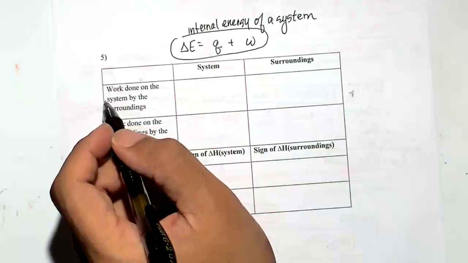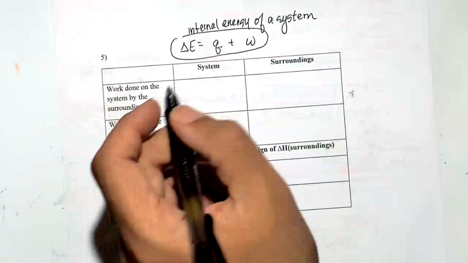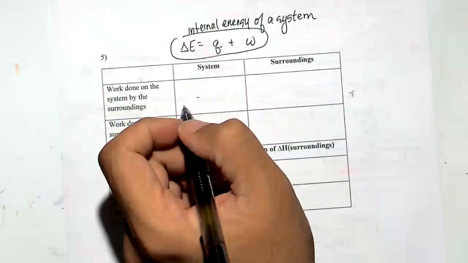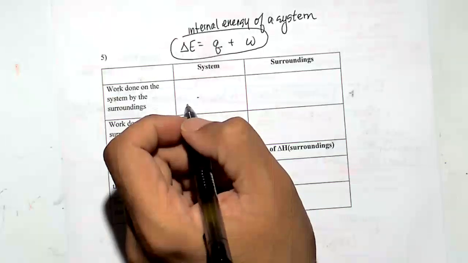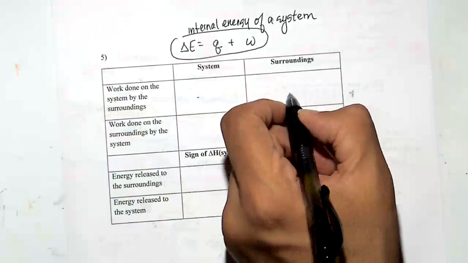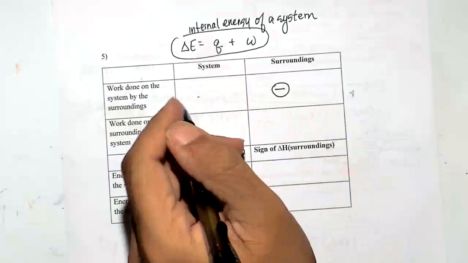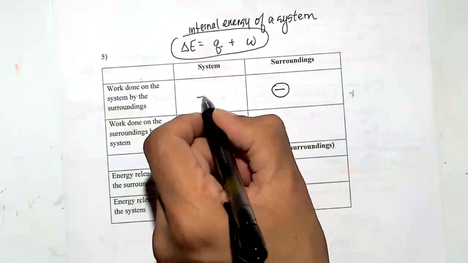So the work done on the system by the surroundings. What would be the sign for the system? Work done on the system by who? So who does the work? What sign does that get? That will get the negative sign. And if this gets the negative sign, what will the system get?